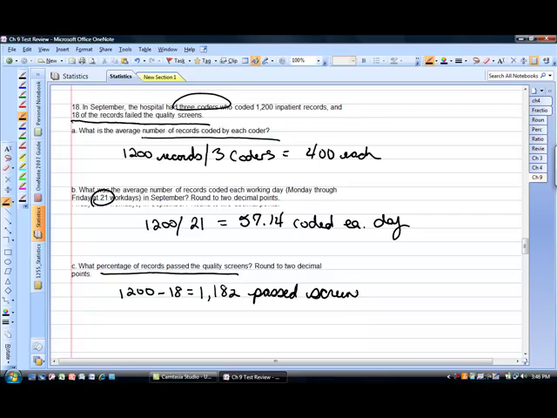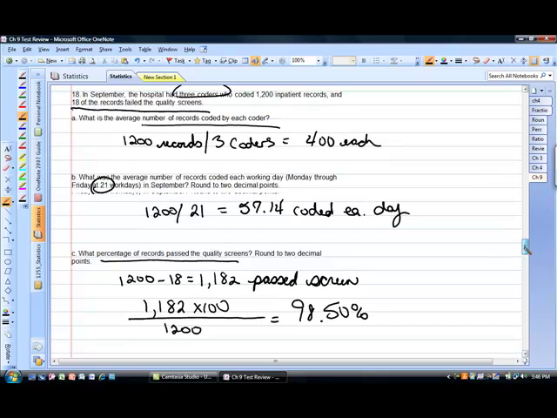And we want to know the percentage, so we take the 1,182, multiply that by 100, and put it over our 1,200, and we get 98.50% that passed the quality screen.